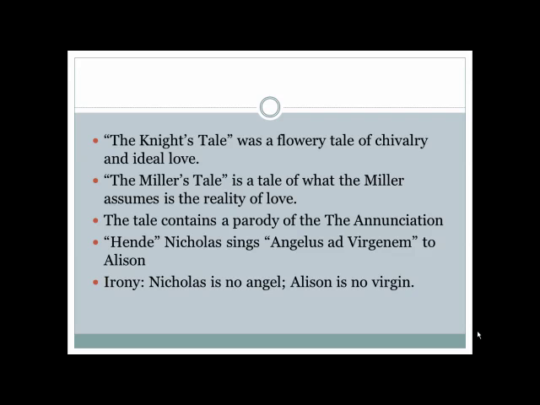It contains a parody of the Annunciation, when it's announced to Mary that she will bear the child Jesus. Here we have Nicholas, who sings a song called Angelus et Virginem to Allison, but of course it's ironic, because we know from the characterization Nicholas is no angel, he's very sanguine, and Allison of course is no virgin.